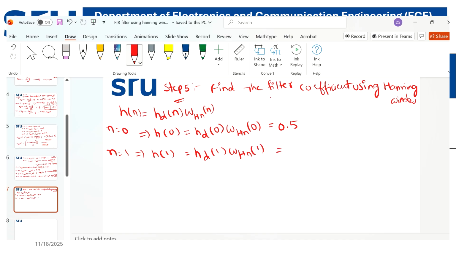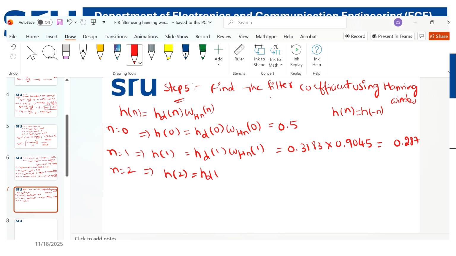So therefore 0.3183 into 0.9045. So 0.287. Next, n is equal to 2, then h of 2. So we already know that it is symmetric in nature. So whatever I have calculated for n values, same values for minus n also. Next, hd of 2 into the windowing, the value at n is equal to 2.